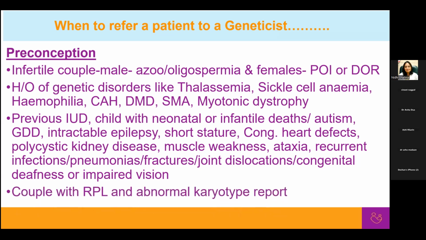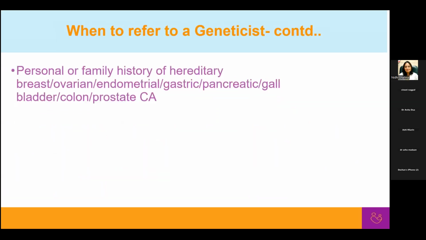And most of the time, recurrent pregnancy losses and abnormal karyotype reports. As we know, in 5% of RPL couples we find balanced translocation carrier status in one of the partners, so they should ideally be referred preconceptionally.